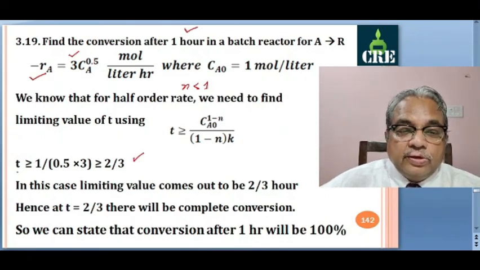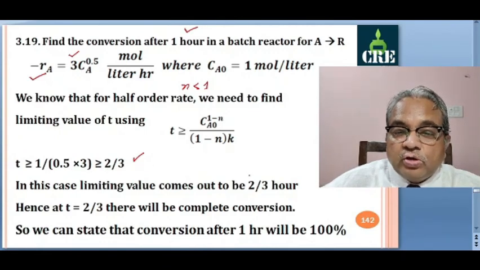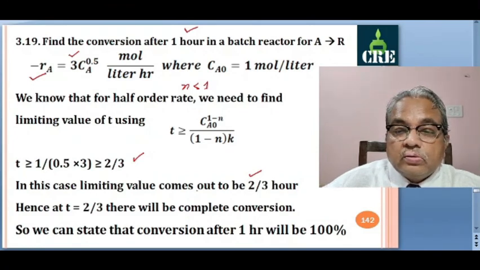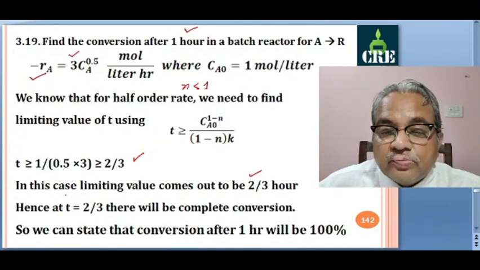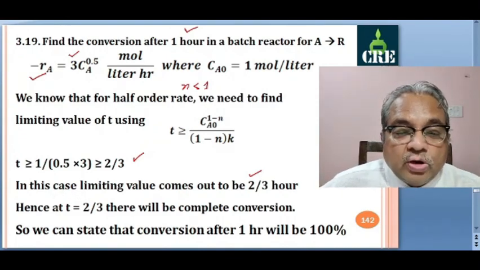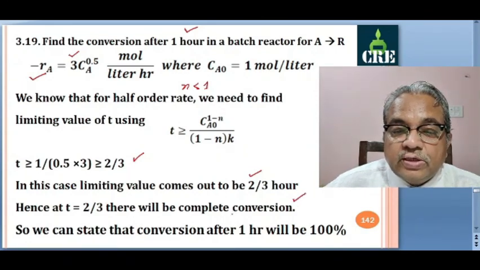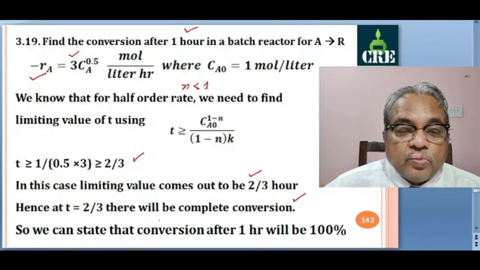T is 2 by 3, so beyond 2/3 hour. 1 hour is 60 minutes, so you can say beyond 40 minutes you did not carry out this. So at T equal to 2 by 3, conversion will be complete. Xa is equal to 1 and Ca is equal to 0.